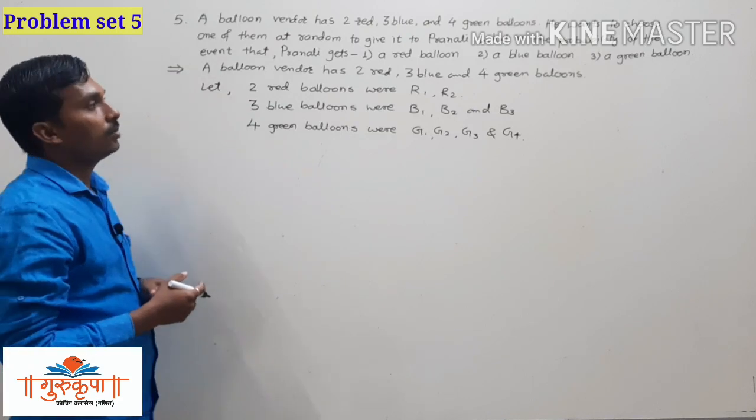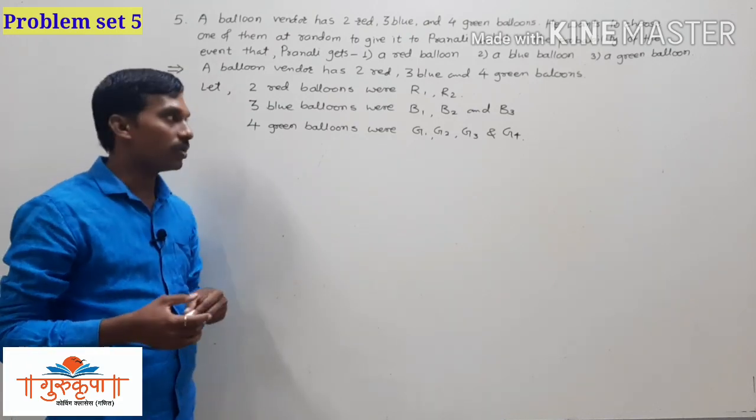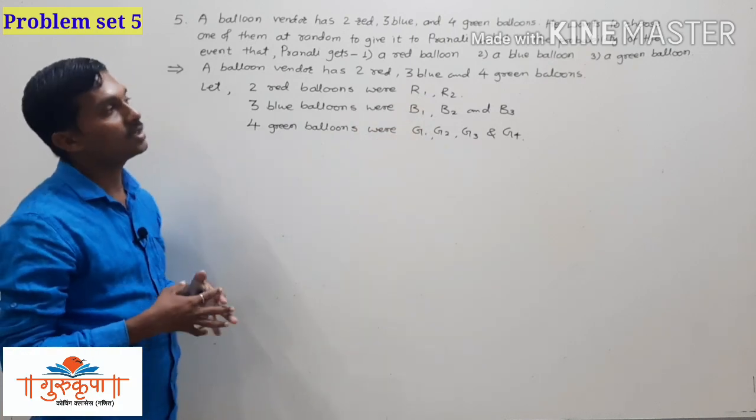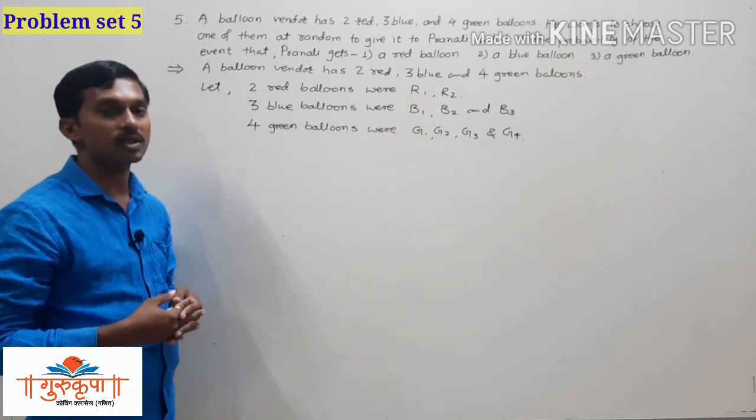So here we have 9 balloons in all: R1, R2, B1, B2, B3 and G1, G2, G3 and G4, that is 4 green balloons.